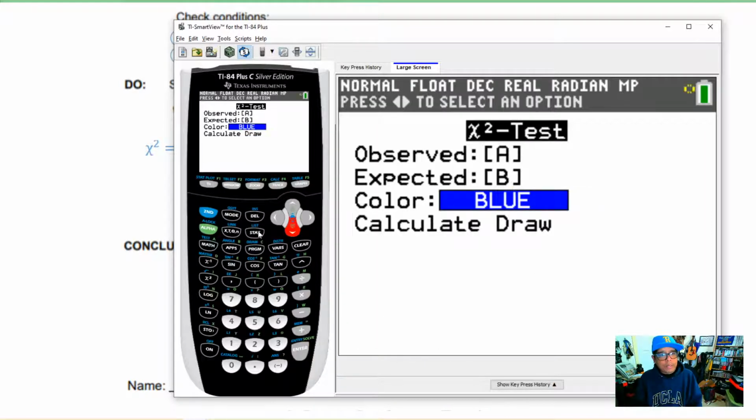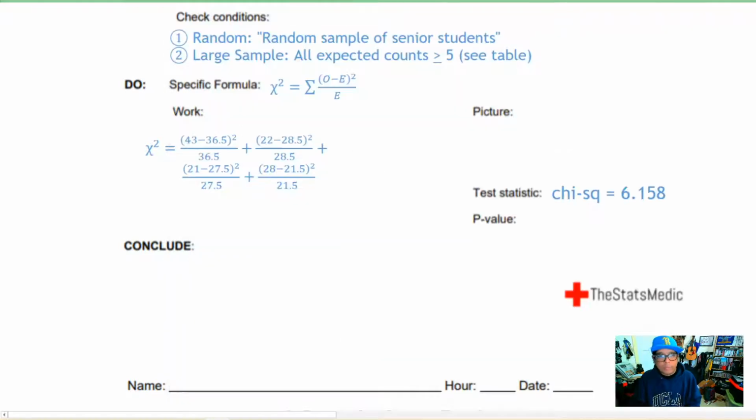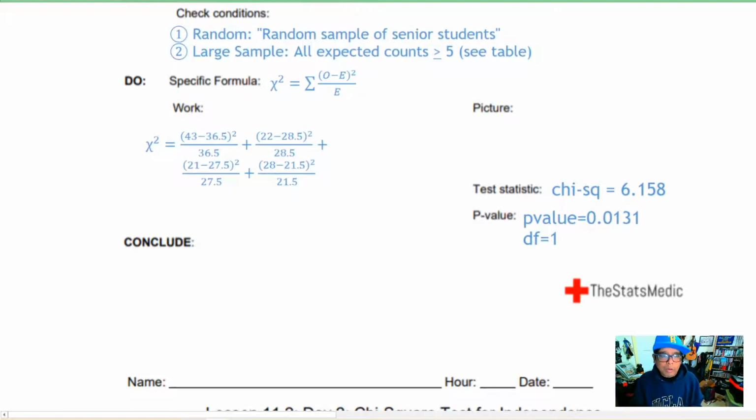A, B, calculate. And then it looks like our chi-square test statistic is 6.158. Looking back at the calculator, also the p-value is 0.0131. And the degree of freedom is 1. So that was a really great time saver for us.